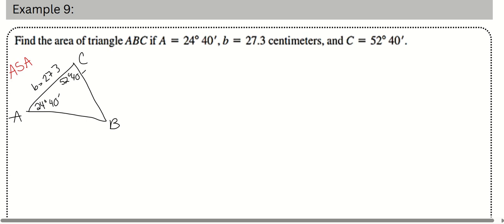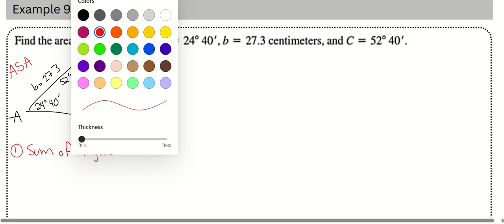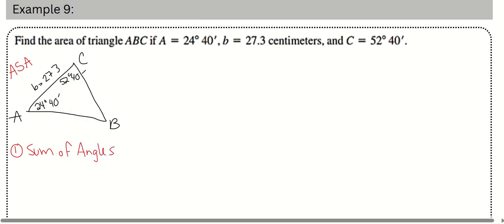Notice that we do have two angles, so we can use our sum of angle formula first to find angle B. And that's going to give us the ratio for little b over sine b, so that we can find any of the other ones. So we'll do that.